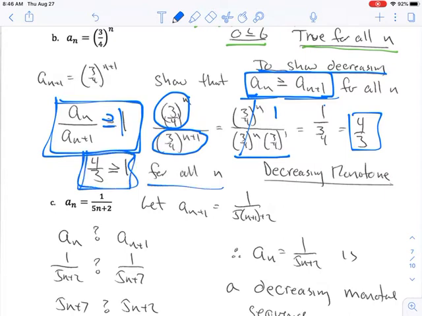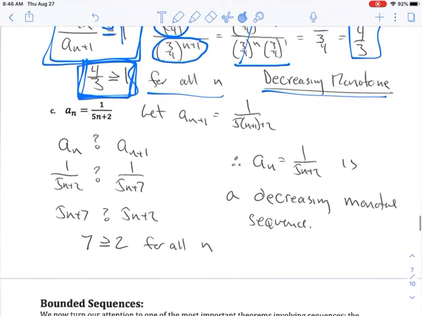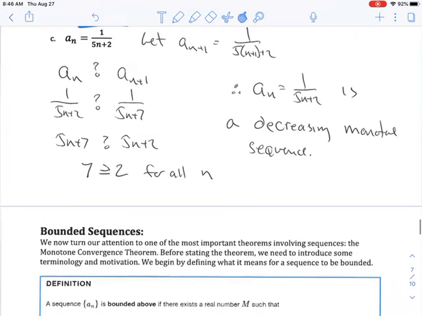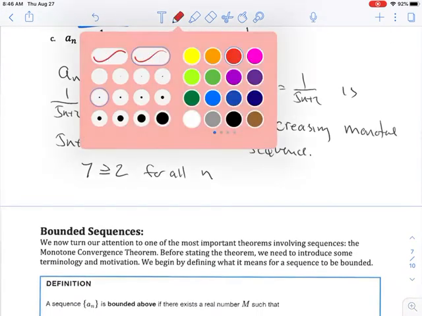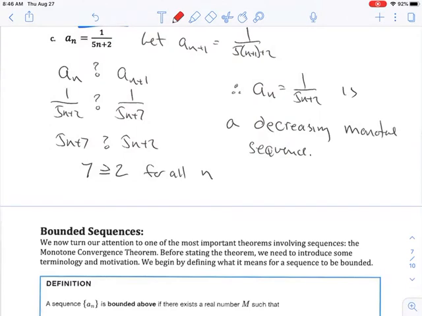And since this is an identity, it is always true. It is decreasing and monotone. Now, the last example here, I didn't tell you to show whether it's increasing or decreasing. We've got to figure that part out. All right, so let's create an a sub n plus 1.